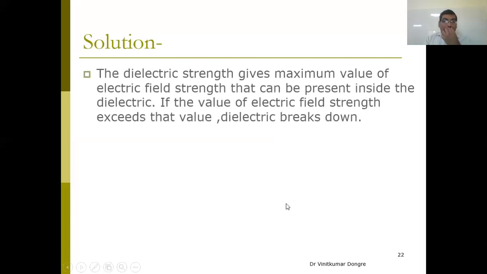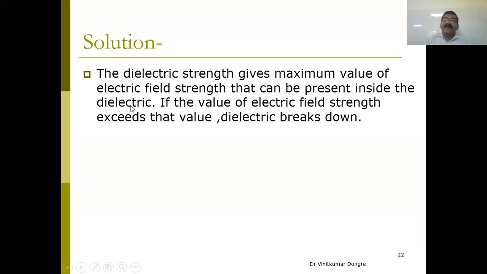Now, here the dielectric strength means what? The dielectric strength given means the maximum value of electric field strength that can be present inside the dielectric.